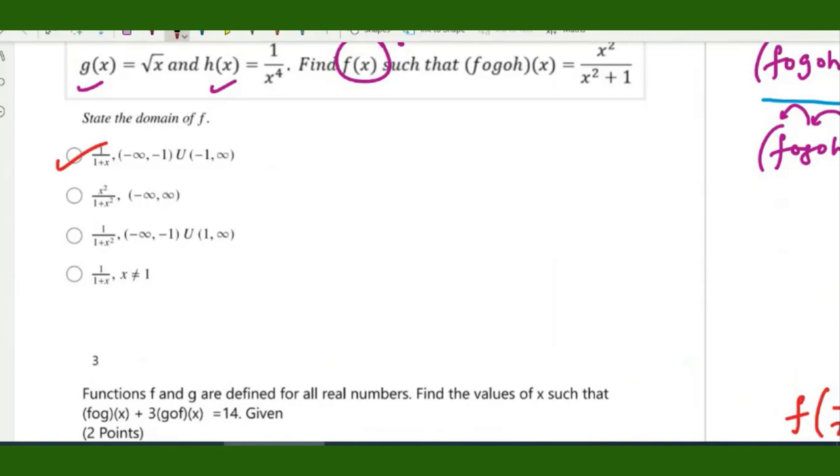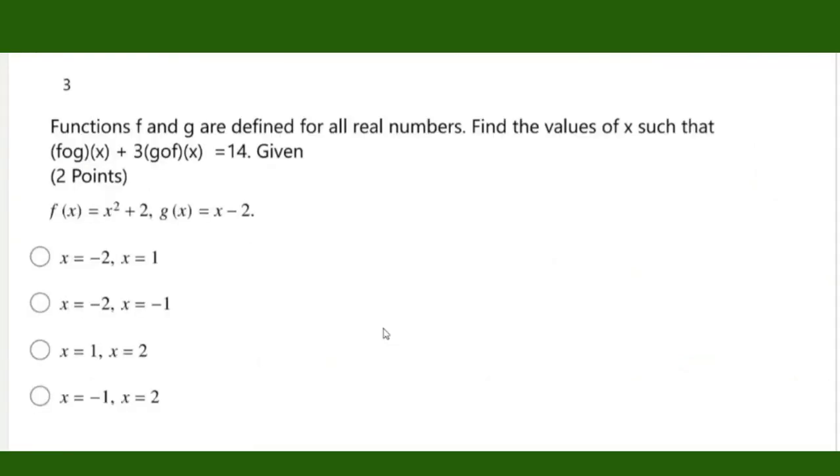Okay, we shall move to question number 3 now. Question number 3. Functions f and g are defined for all real numbers. Find the values of x such that f of g of x plus 3 of g of f of x is equal to 14.